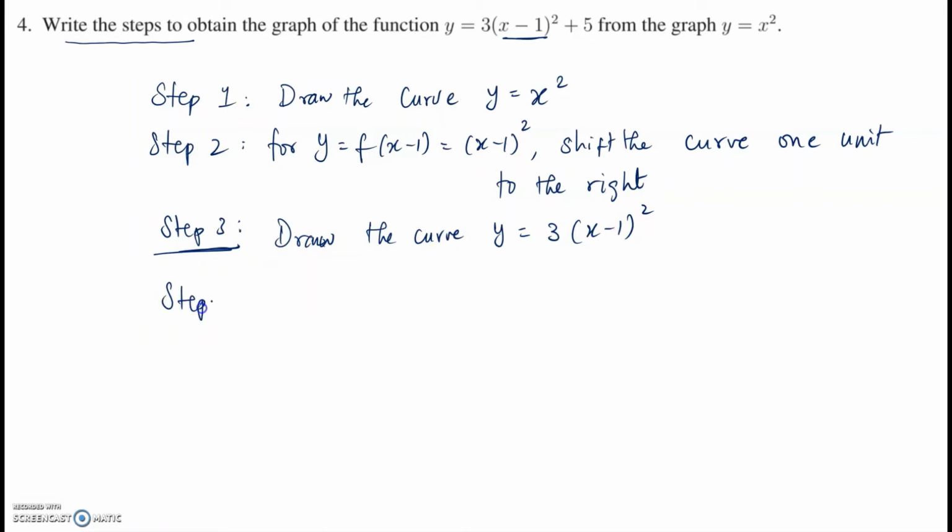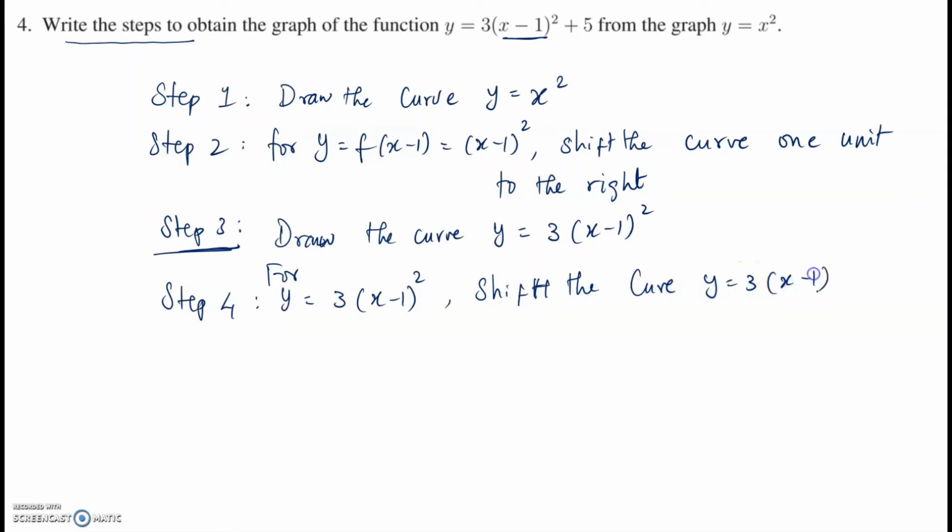Then step 4, to get y is equal to 3 times x minus 1 the whole squared plus 5, shift the curve y is equal to 3 times x minus 1 the whole squared by 5 units upward.